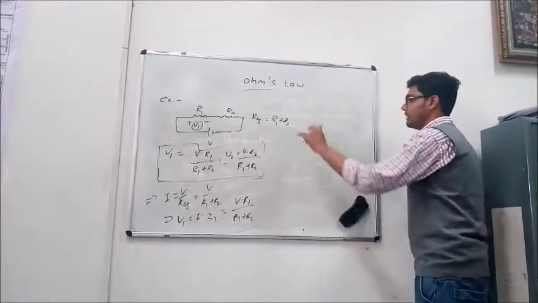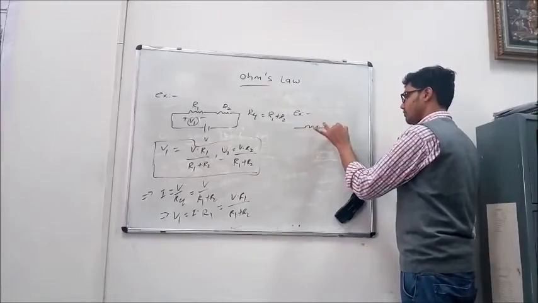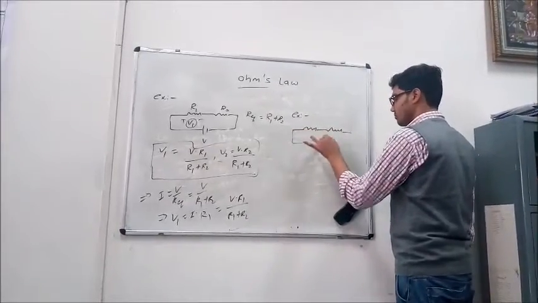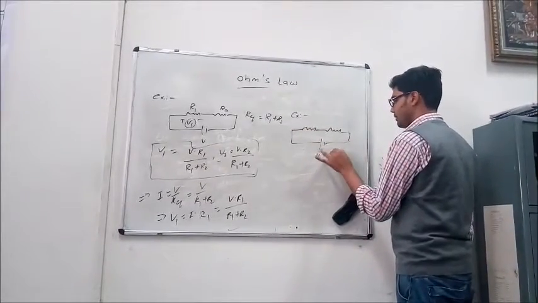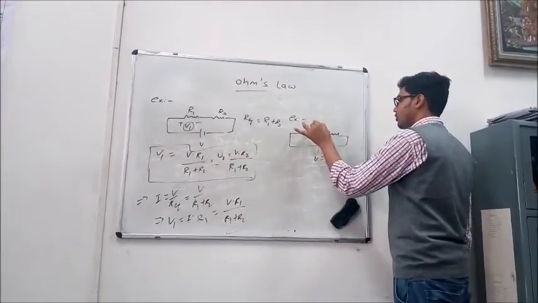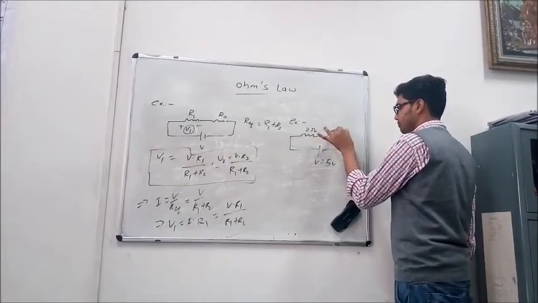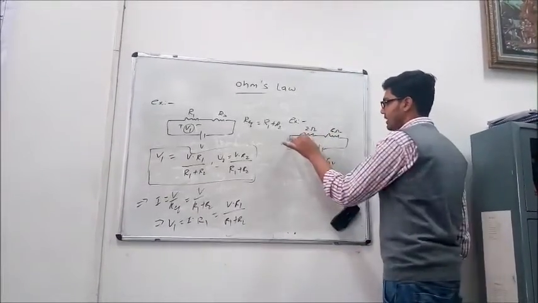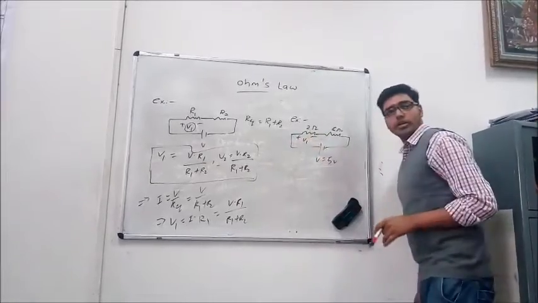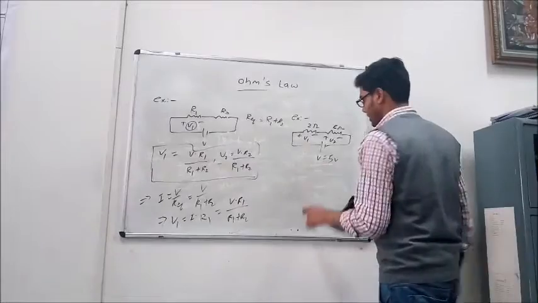So one example if we take: a 5 volt battery we have connected, and this is 2 ohm and this is 8 ohm. What will be the voltage across this 2 ohm resistance and what will be the voltage across this 8 ohm resistance?